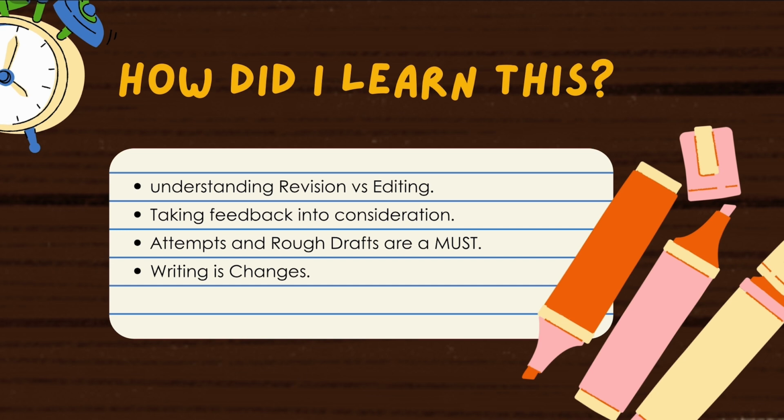And then the last one, and I think the most important one for me, is writing is changes. That sounds grammatically wrong, but writing is changes. This essentially means that when you're writing, you have to understand that it's going to change based on your experiences, because that's what writing is. Writing is addressing an audience with your experiences.